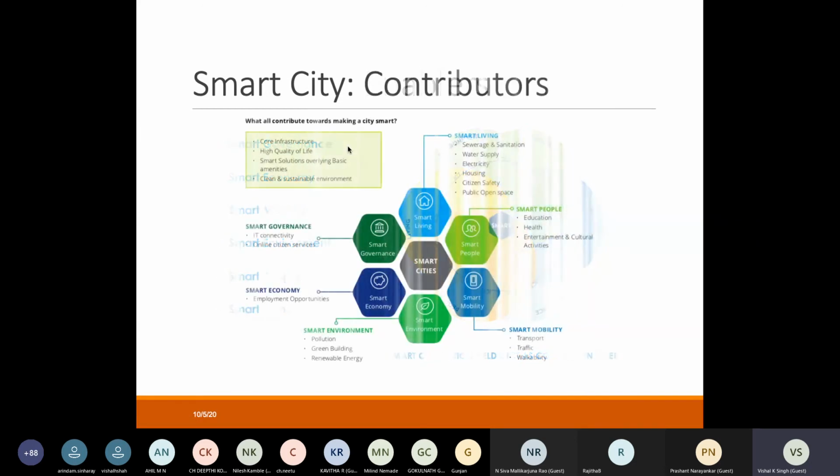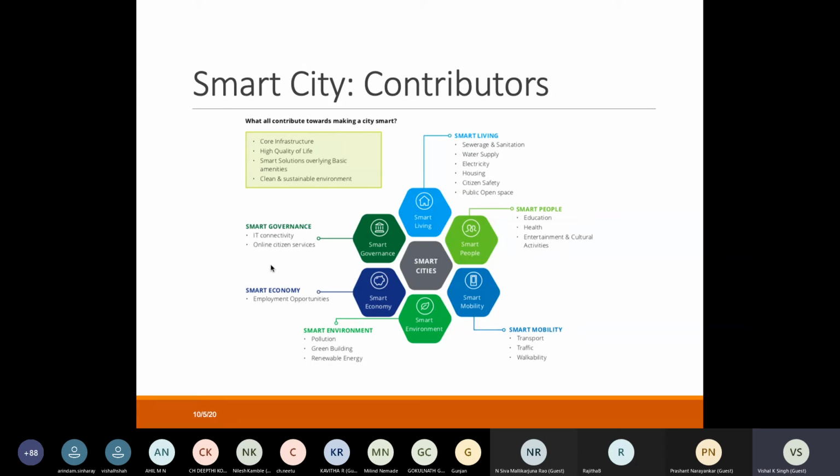When we talk about smart governance, the figure on the screen shows that smart governance means IT connectivity, online citizen services, and various governance-related issues which can be made available to the citizens of the city through the internet.